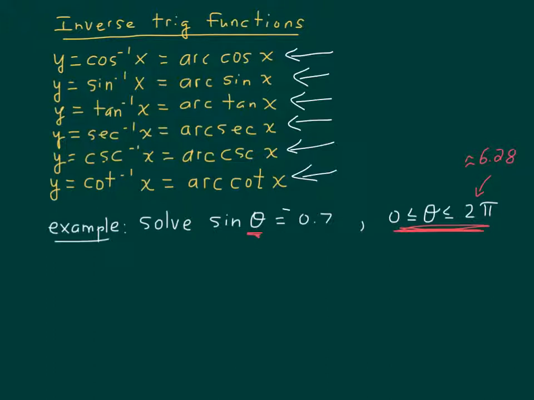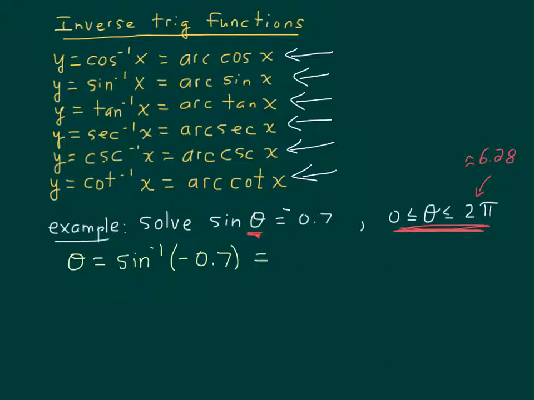So in order to do that, we need to undo this sine. The way we undo that sine to get theta alone is we need inverse sine. So this is where we're going to see our inverse trig functions. So we need our inverse sine of that negative 0.7.